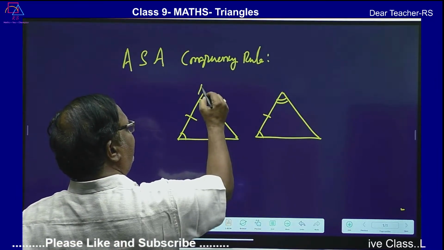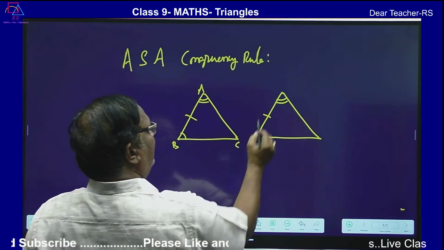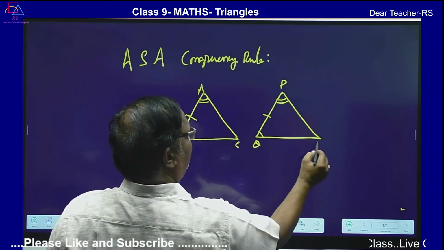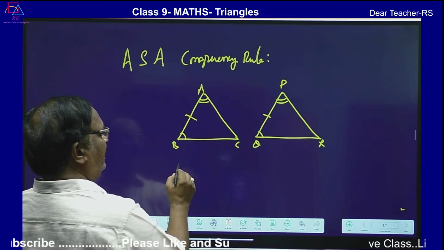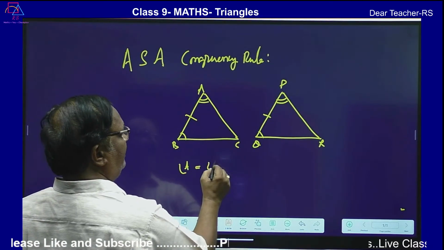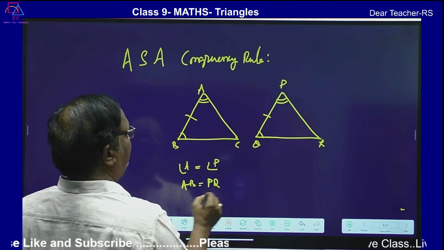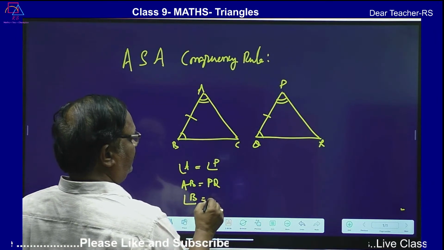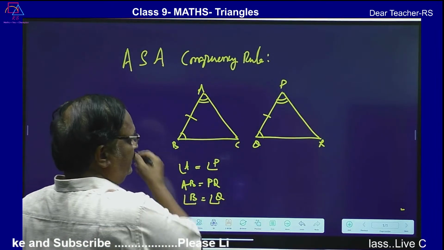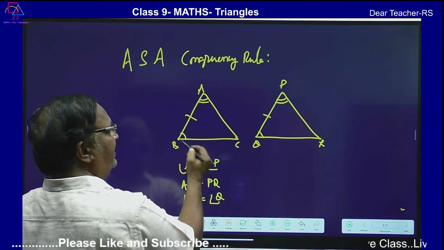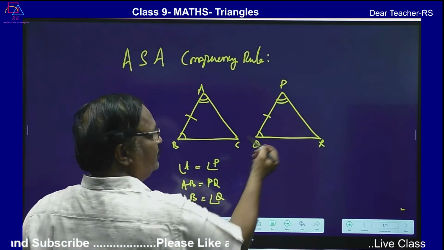So if I write ABC and PQR, then angle A is equal to angle P, AB is equal to PQ, and angle B is equal to angle Q. So the side is between two angles, and here also the side is between two angles.